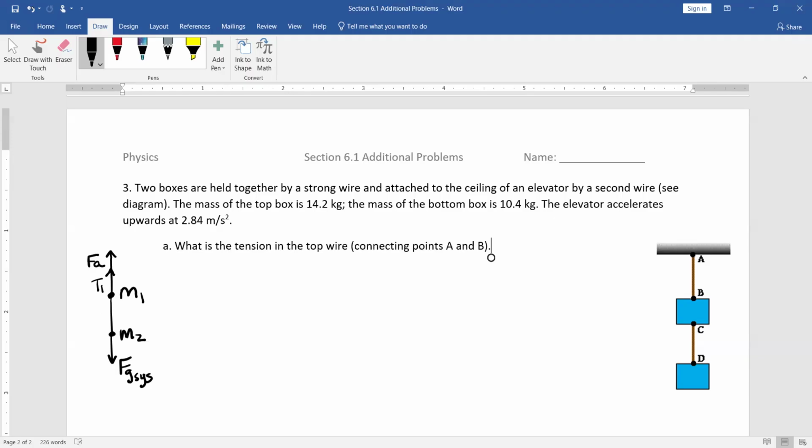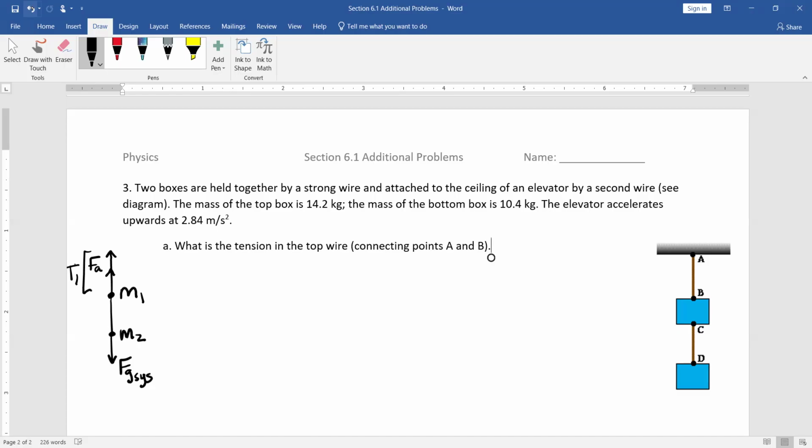So this whole thing is the tension. This little bit here is the force caused by acceleration, but the entire thing is the tension being caused by both the upward force from the acceleration and the downward force from the weight and the gravity of the two objects that are hanging.